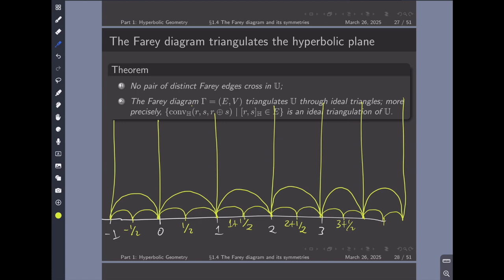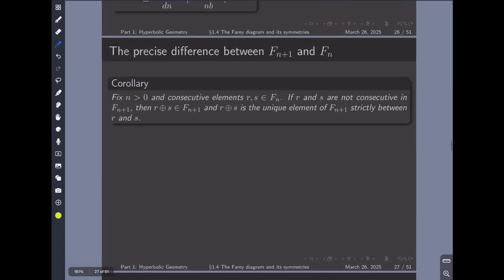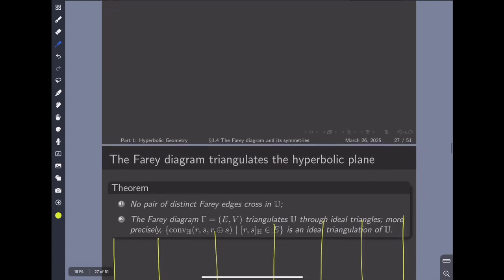Now the inductive step is going to be not on the recursive step of the construction of the Farey diagram, but on the recursive step of the construction of the Farey sequences, because one has more control there.